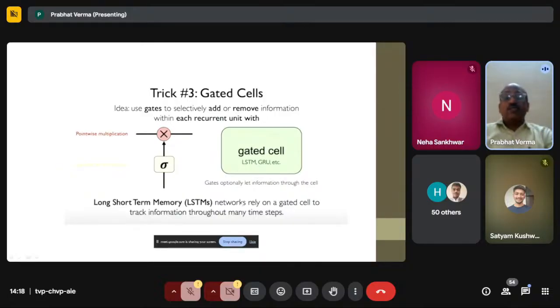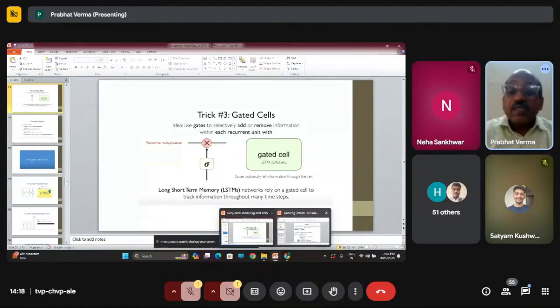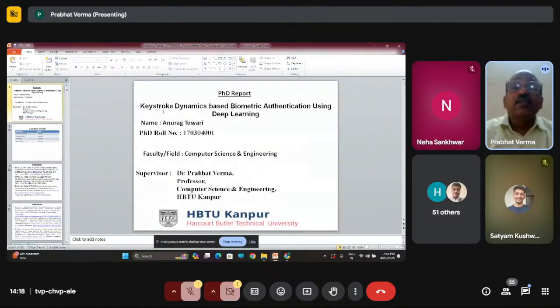In fact, one of my PhD scholars has made use of this LSTM for keystroke dynamics based biometric authentication using deep learning.